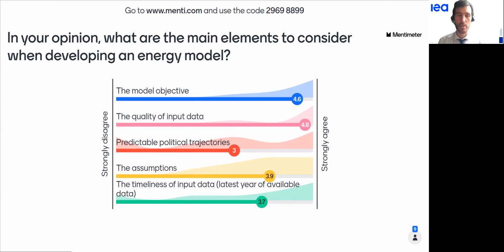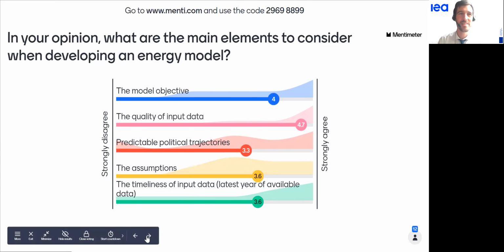It needs to answer a concrete question, and we need to define what the aim and the goal of the model is. And other information is also very key, as we said: the assumptions that will help us define scenarios, timeliness of input data, but also predictable political trajectories that we will use in our scenarios as well. So thanks for your answers.